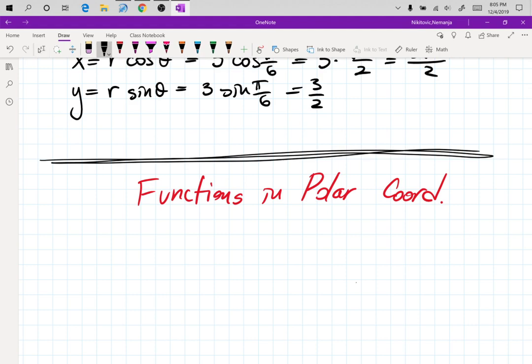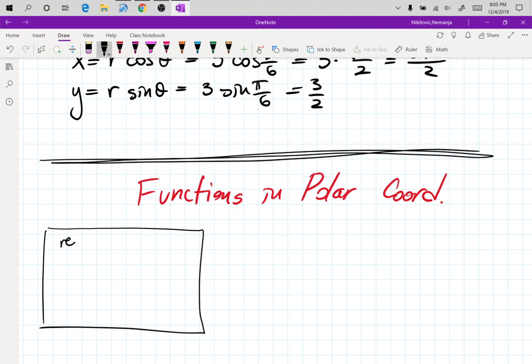Well, I'm just going to take a little box over here on the side and say, remember that y is equal to f of x, right? Where x is your input and y is your output. So that's good old stuff.